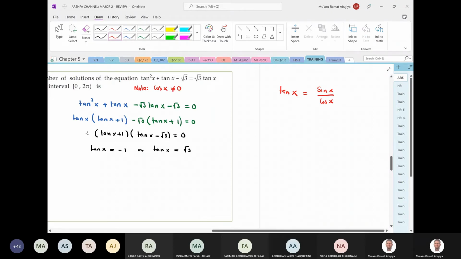So if we have a value in which cosine of x is equal to 0, it will be undefined, and such a solution will have to be rejected. And you remember, we know when cosine is going to be equal to 0, right? Cosine is going to be 0 at pi over 2, at 3 pi over 2, and we can say multiples of pi. So do not forget that one.